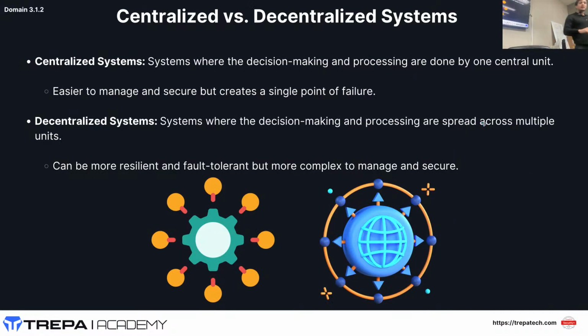Okay, centralized versus decentralized systems. Now this is just an overarching thing. So when the internet was invented, it was meant to kind of be like a decentralized platform with a bunch of nodes all over the world that could authenticate to each other, if they even thought about authentication back in the day.